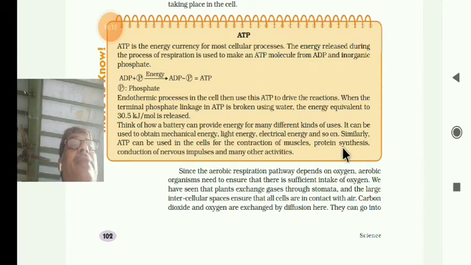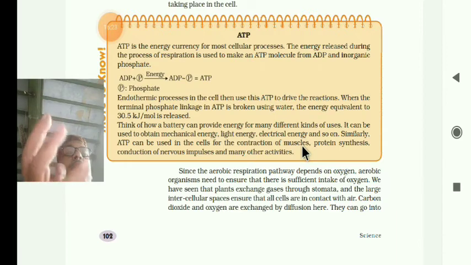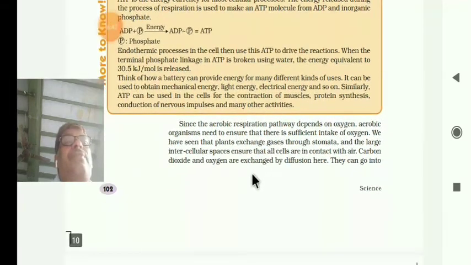In a similar way, ATP is used in cells for contraction of muscles, protein synthesis, conduction of nervous impulses and many other activities. This is the function of ATP.